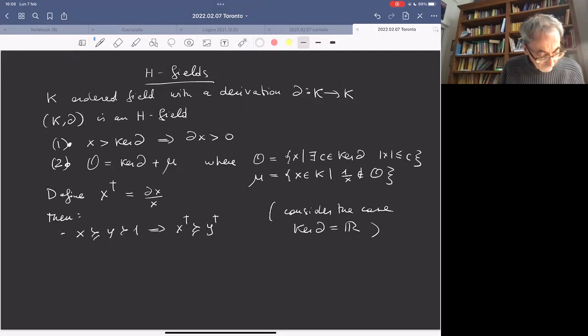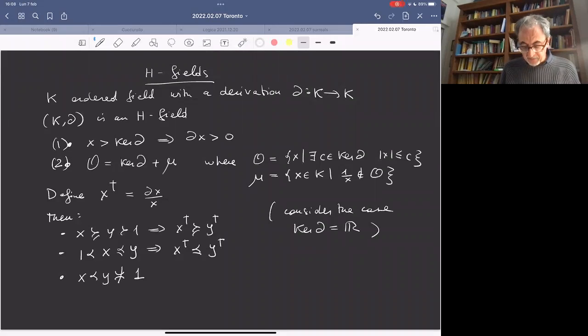Then we have that both the derivative and the logarithmic derivatives respect the domination, in the following sense. So let me write something. There are some exceptions. You have to assume that certain elements are not in the Archimedean class, not equivalent to 1, so they are infinitesimal or infinite.